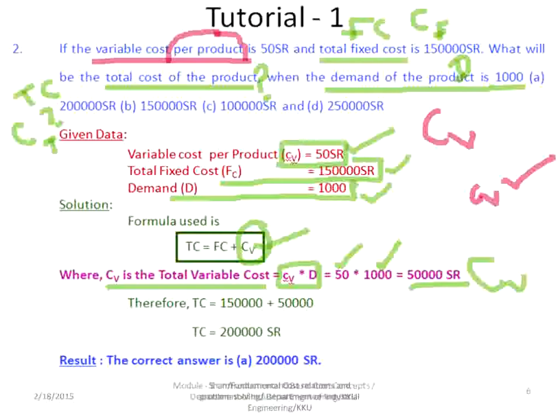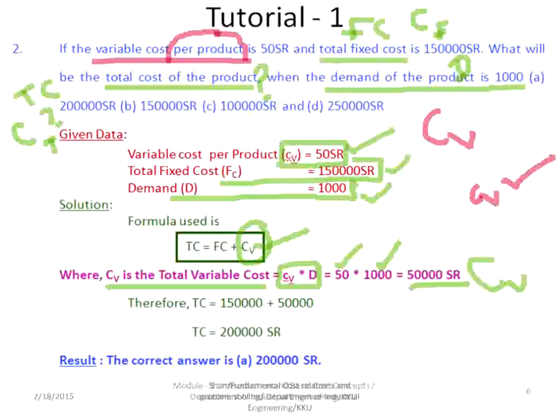Now substitute this value in the total cost formula. Total cost will be equal to fixed cost, 150,000 Saudi Riyal, plus total variable cost, 50,000 Saudi Riyal.